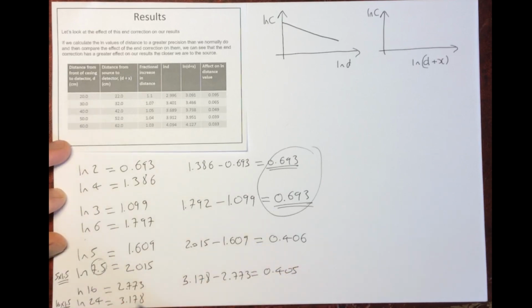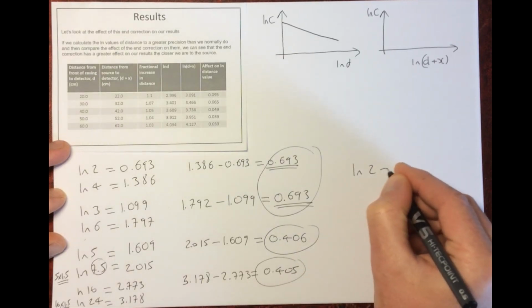And whenever you take the natural log of a value that's gone up by a factor of 1.5, it increases by 0.405. The reason this one isn't 0.405 is just because of a rounding error. Because we've rounded these up, that comes out as 0.406, but it should be 0.405.